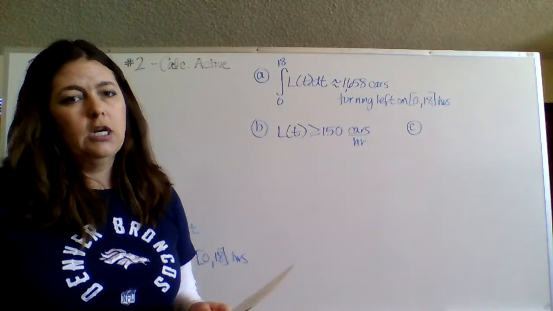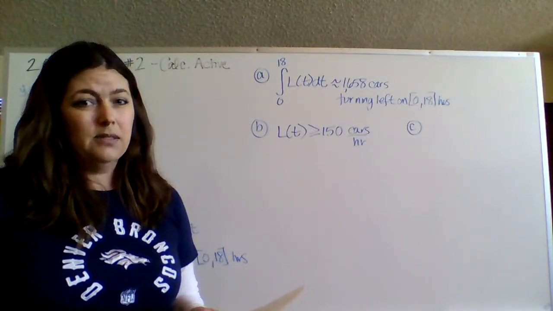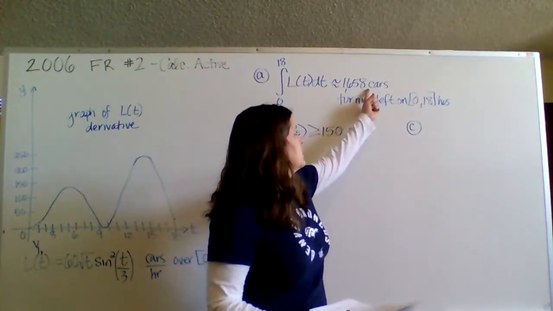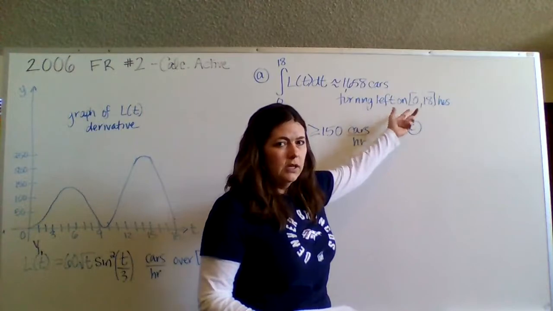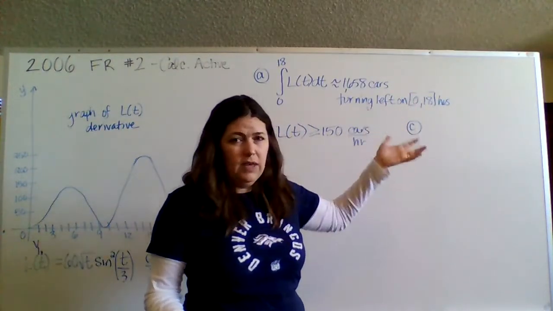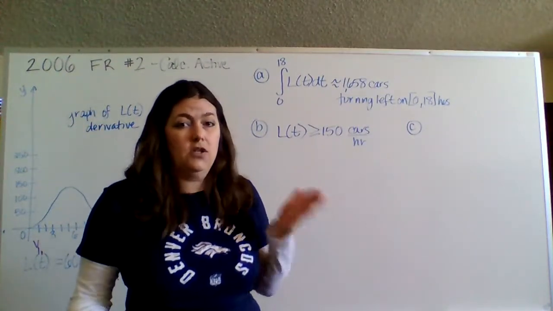Indicate units of measure. Since they're particularly asking us about units of measure, that's going to be points. Up here, they didn't ask, so if you didn't say this were the number of cars turning left, you could still get the points. I would try to put units, no matter if they ask or not, because it just makes you stronger at it. But if they ask, you gotta have units.